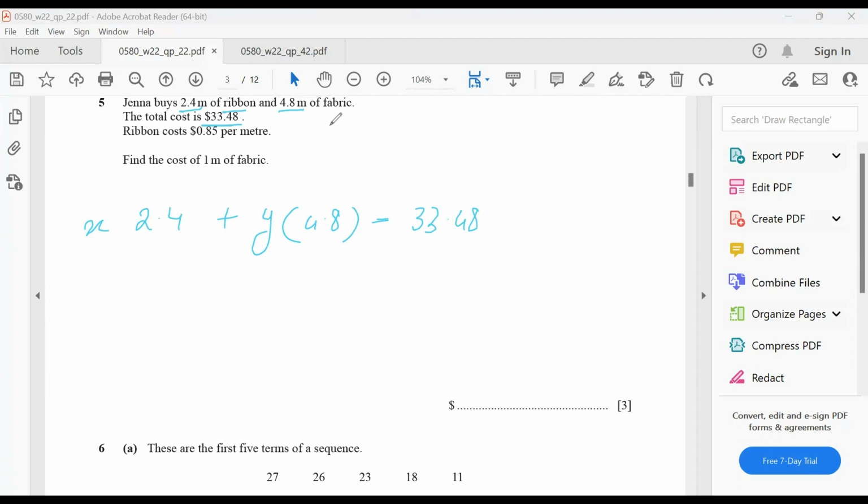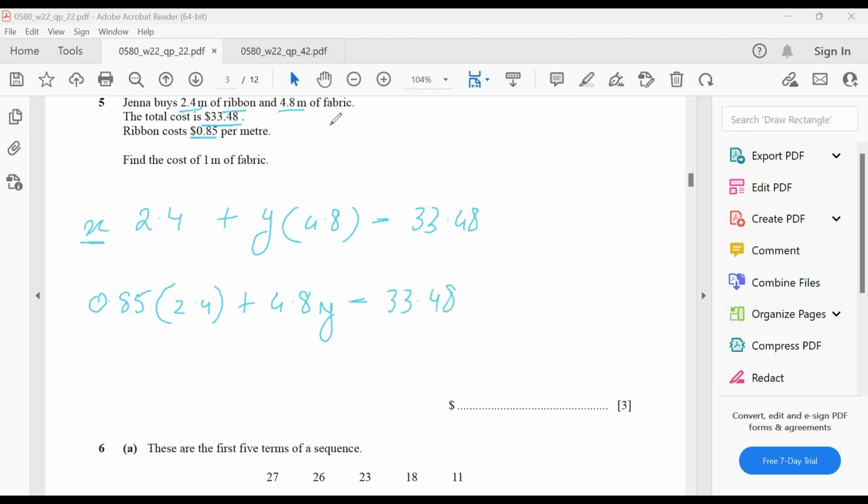So if we look at the given cost, that means x, which we had assumed earlier, is 0.85. Therefore, 0.85 times 2.4 plus 4.8y is equal to 33.48.